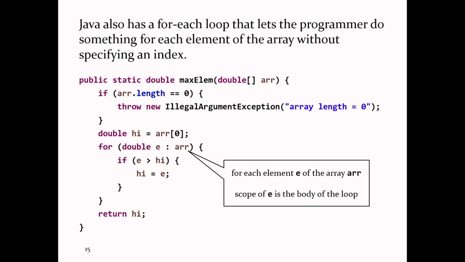Now inside the loop, you can use e to refer to the element that's in the array. So if element e is greater than high, then high is now equal to the element e. So there's also a for each loop in Java, which simplifies your life a little bit. It's useful when you want to do something with every element in the array.